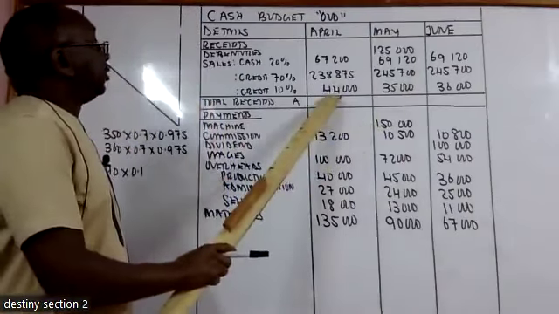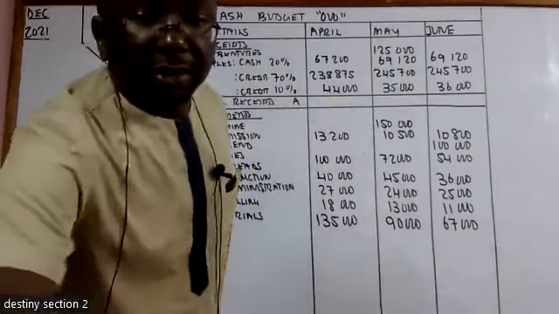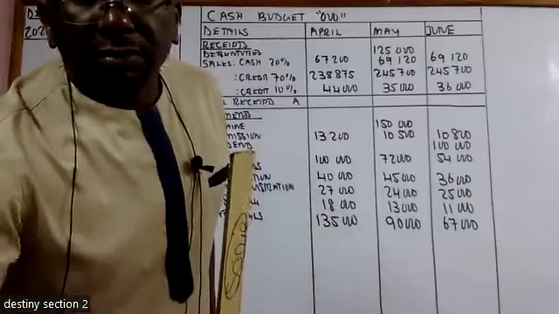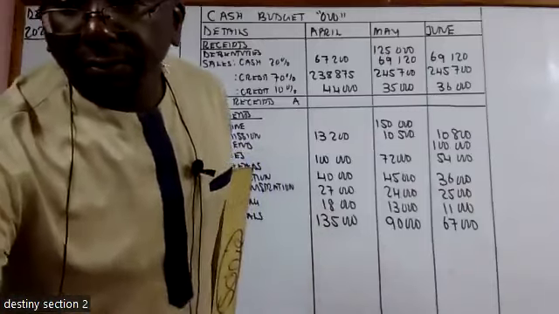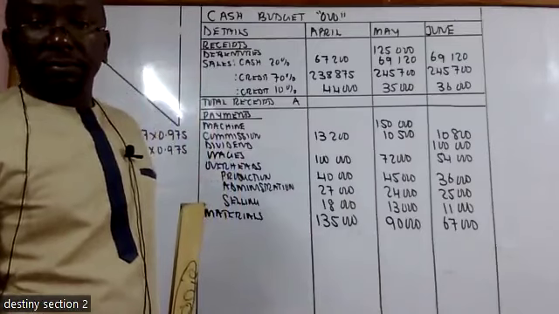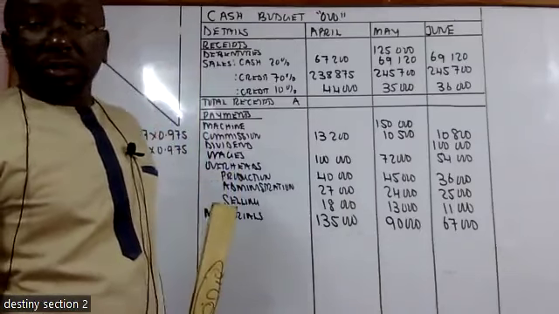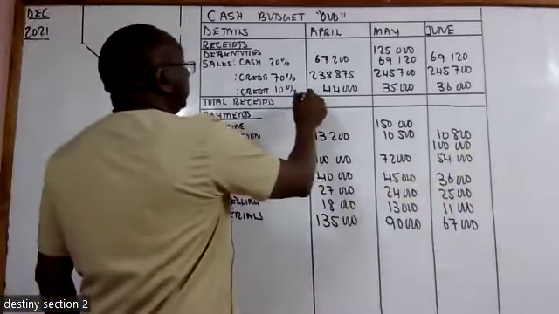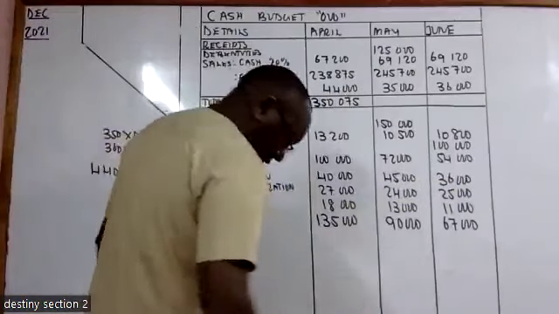Give me the total receipts here for April. Total receipts for April, 350,075 shillings.